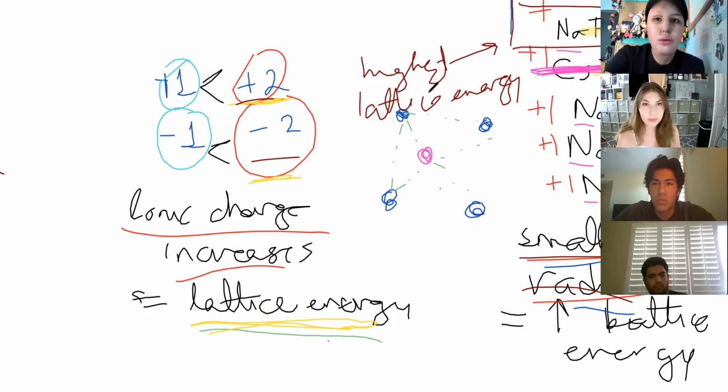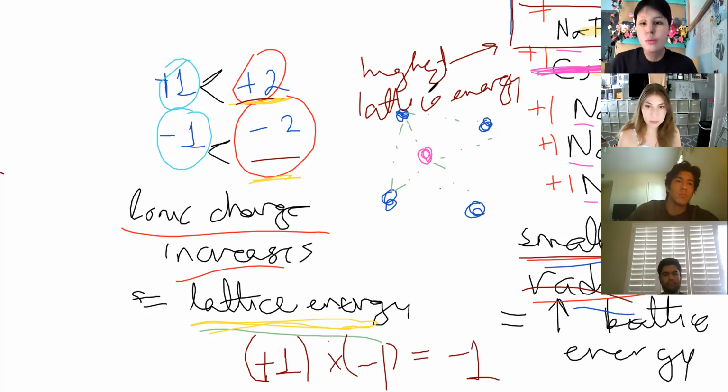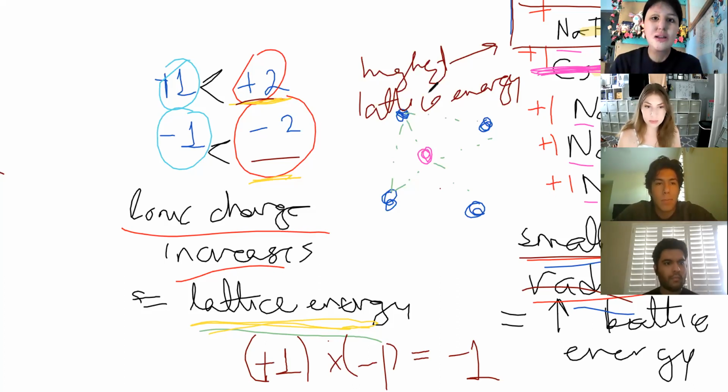So, for example, you would multiply +1 for sodium times -1 for fluorine, and you get -1. That's just a way to find out whether you have a large lattice energy based on your ionic charges.